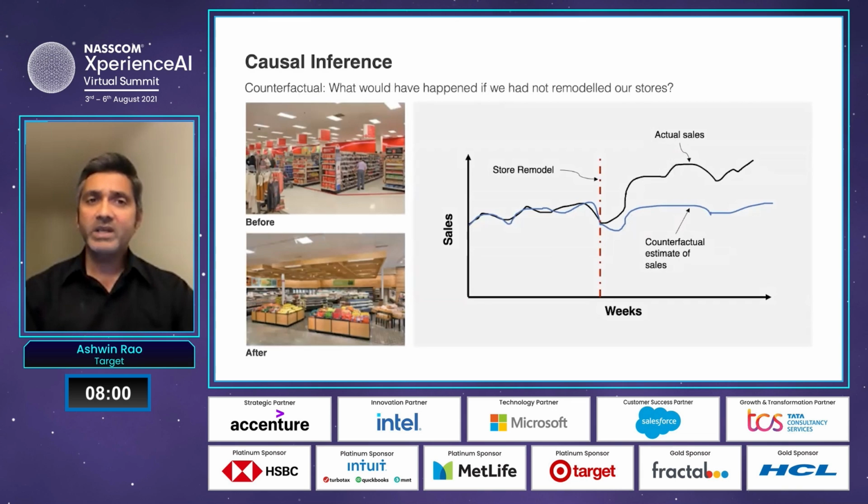We want to understand this to isolate the effect of a store remodel, which in turn will help us with decisions to remodel other stores in the future. Today's machine learning algorithms are not equipped to predict what would have happened if a store had not been remodeled. The technical term for this is counterfactual analysis. And this kind of analysis is possible only by playing the causation game. The correlation game is simply not enough.